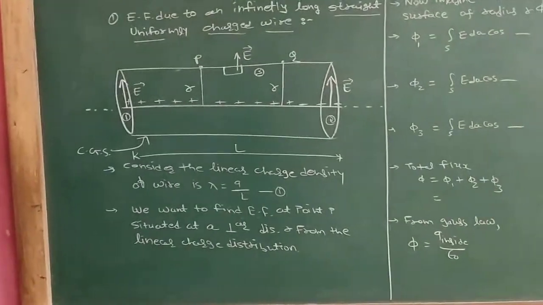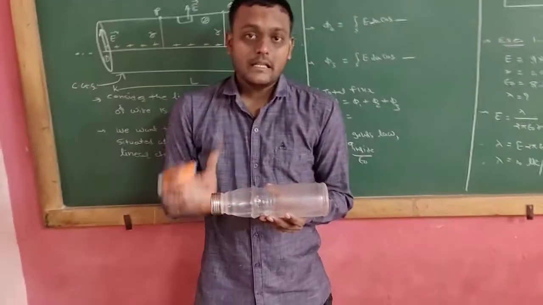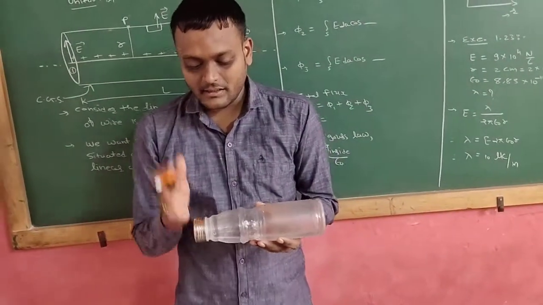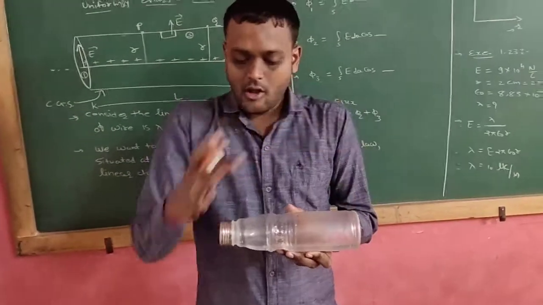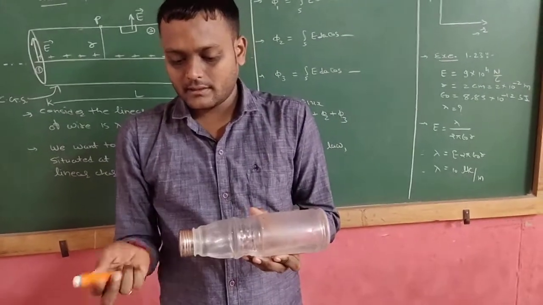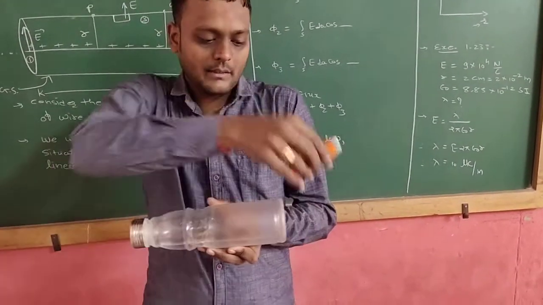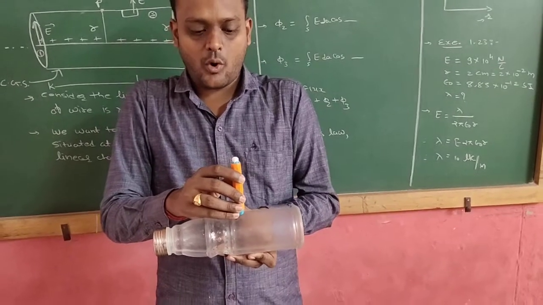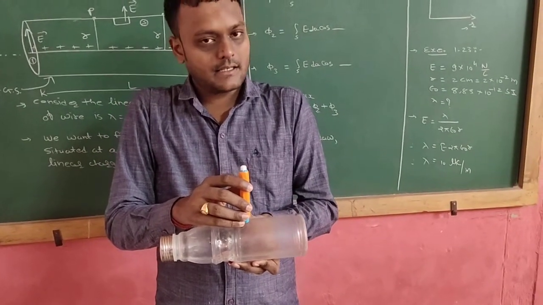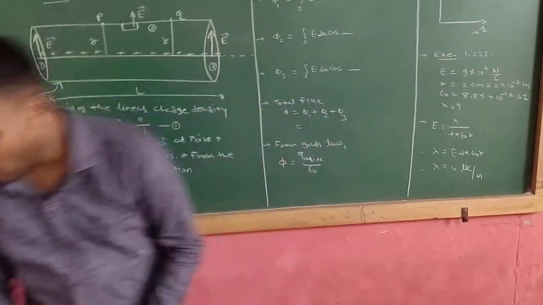Now, the area vector: in the electric flux lecture we discussed how to calculate the area vector. For surface 1 and surface 2, the area vector dA is perpendicular to the surface. Similarly over here, and for the third case it is over here. So all the area vectors in each case are perpendicular to the given surface and directed outward.